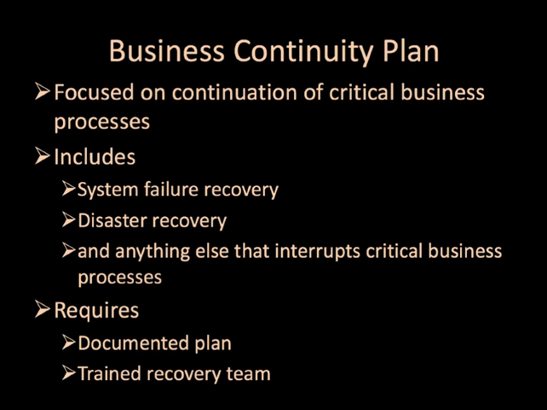Business continuity planning requires a documented plan and a trained recovery team. Recovery teams often test plans quarterly, making changes to the plans as necessary. Business continuity plan adjustments must also be part of the change management process.